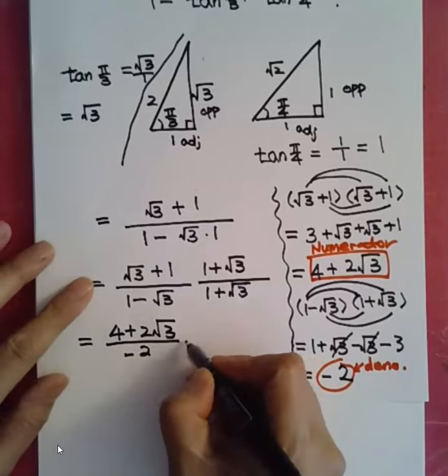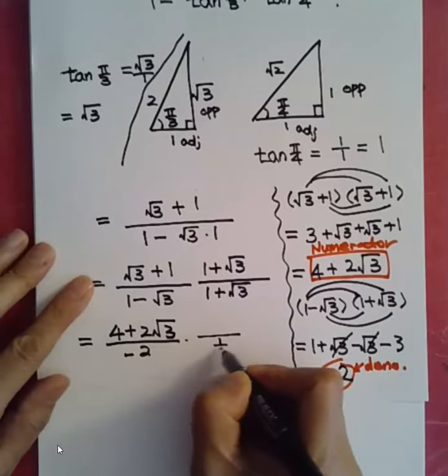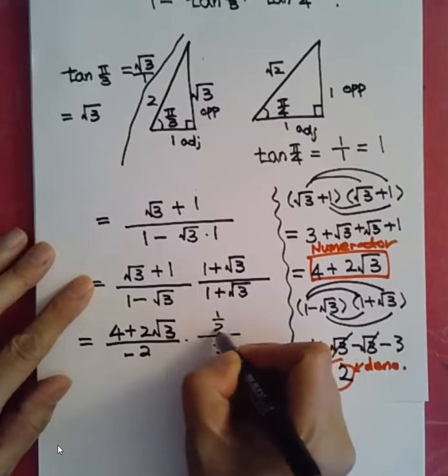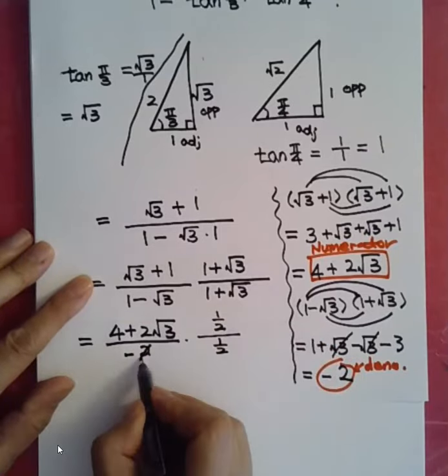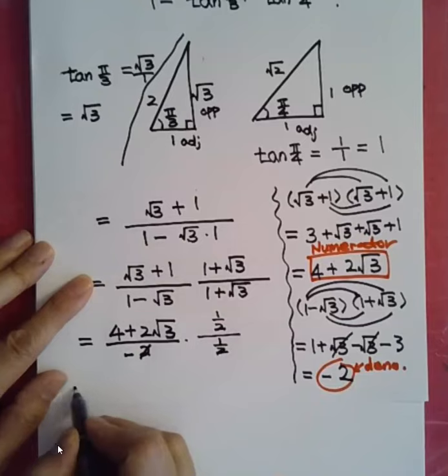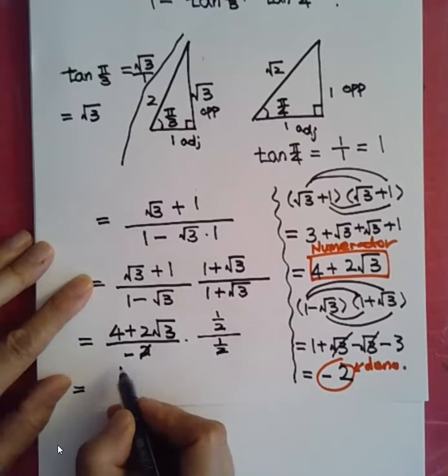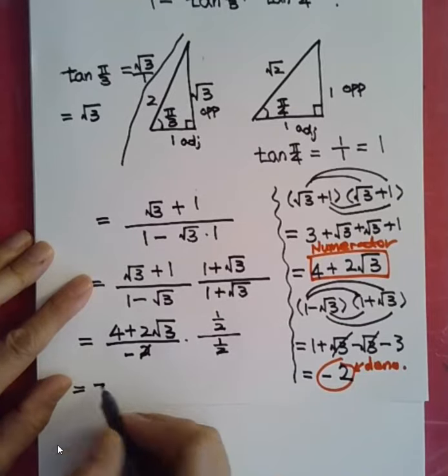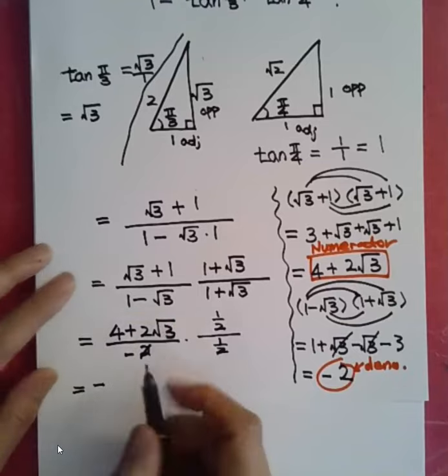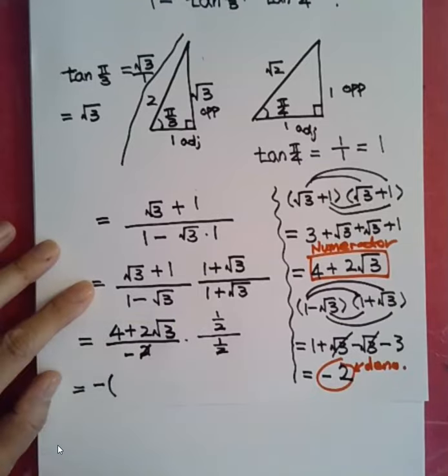If you just multiply by 1/2 on the numerator and denominator, then those two will cancel each other, and the denominator becomes minus, so minus, and that was the fraction, so open parenthesis.